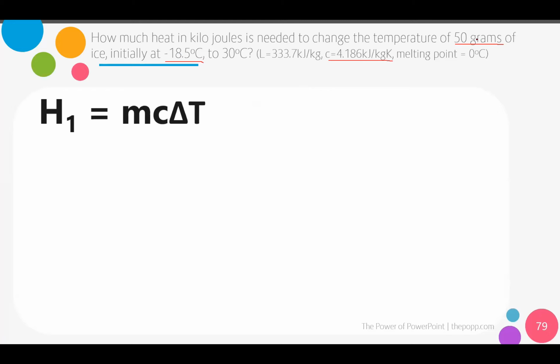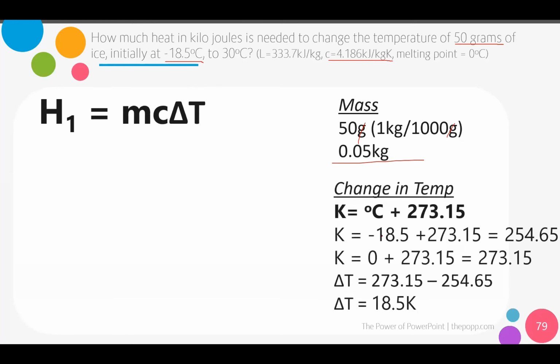So convert natin si 50 grams to kilograms. So cancel yung grams, and that is equal to 0.05 kilogram. Then next, convert natin ang ating temperature into Kelvin. So using Kelvin is equal to degrees Celsius plus 273.15. So its initial temperature is negative 18.5 plus 273.15, that is 254.65. Then the melting point, which is 0 degrees Celsius plus 273.15, that is 273.15.